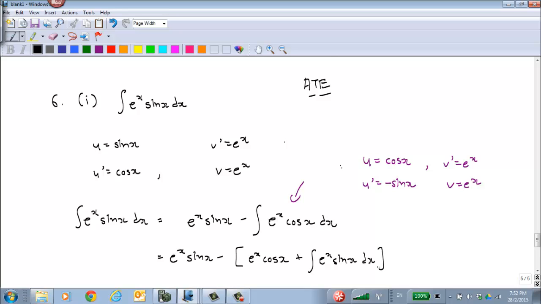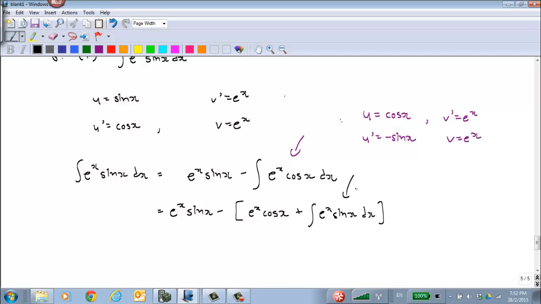So you can see that this integral comes out again, and it seems that we have to do integration by parts again. However, usually for A-level exam questions, you do not need to do integration by parts more than 2 to 3 times. So if you see that things are starting to repeat themselves, pause for a while and see, do you return back to the original expression?